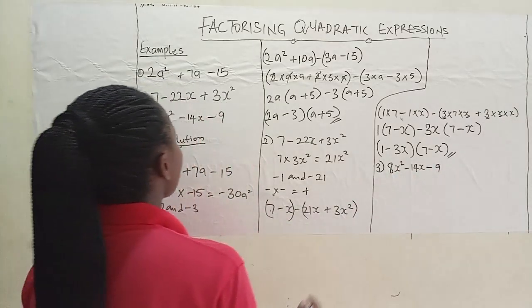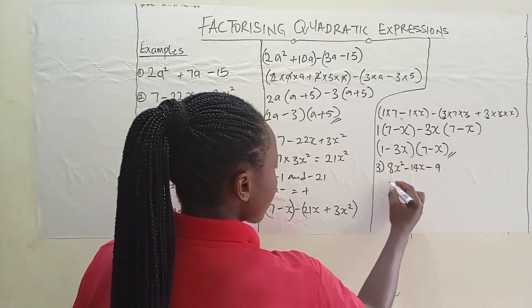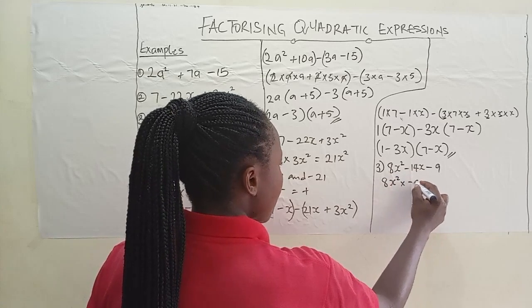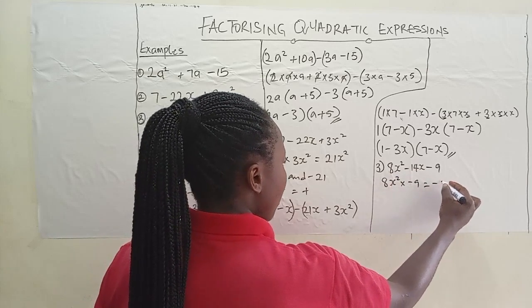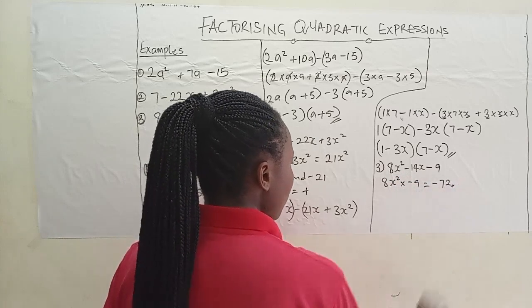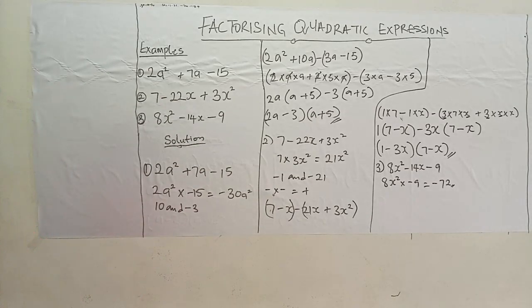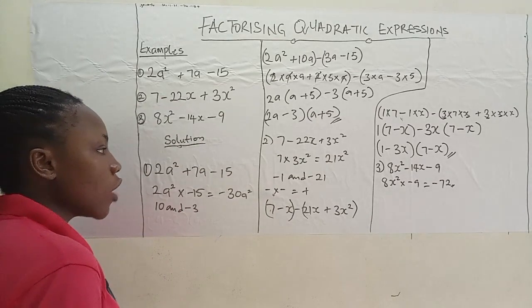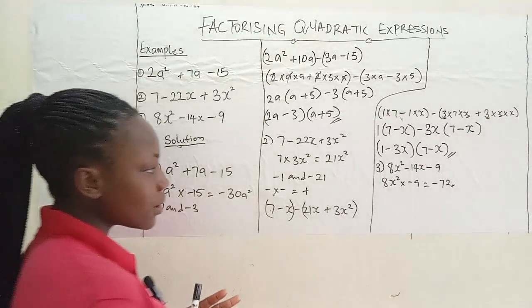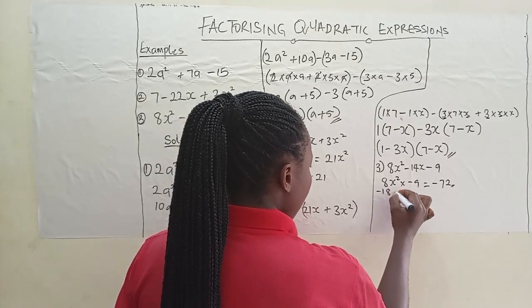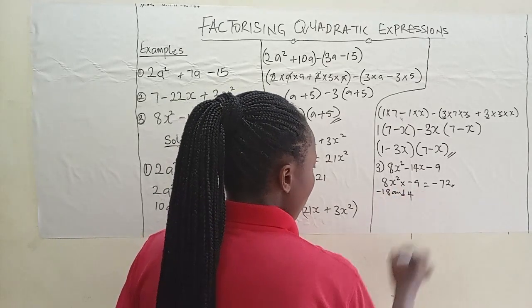So multiplying them together, we are going to have 8x squared times minus 9, which is going to give us minus 72. So the two numbers are going to be minus 18 and 4.